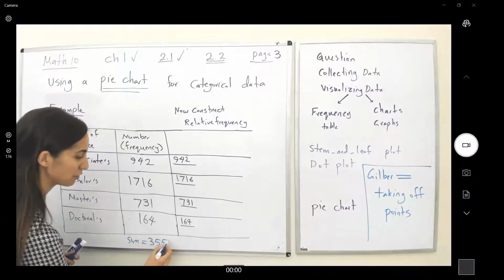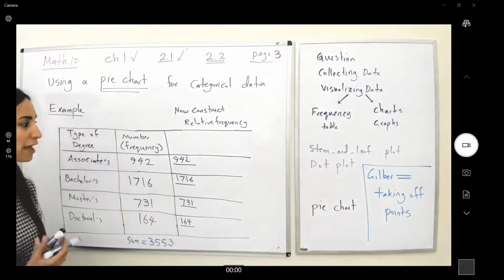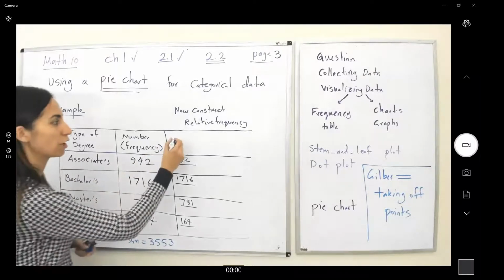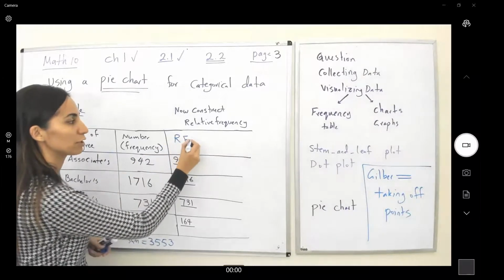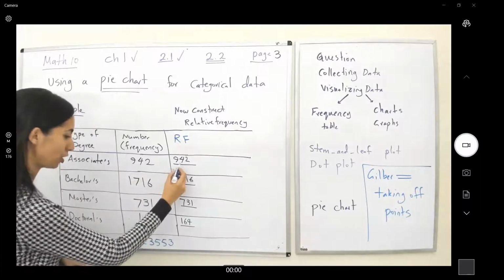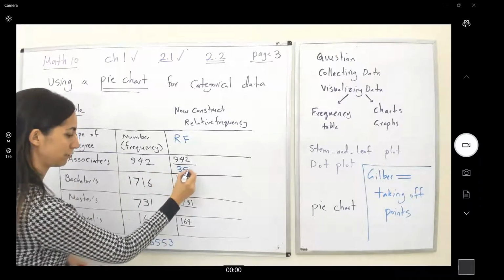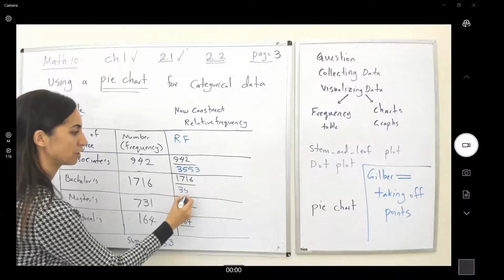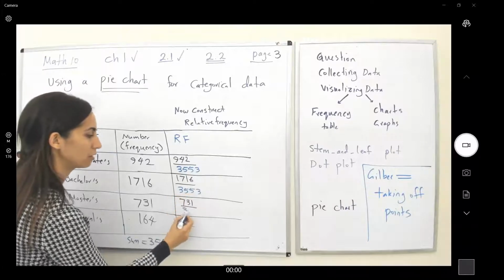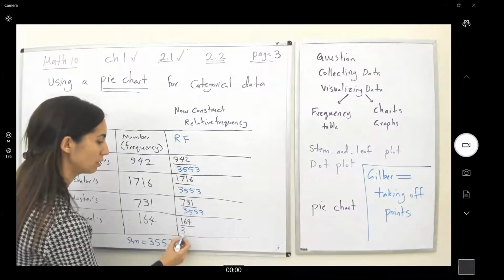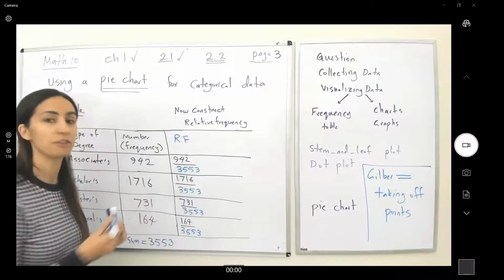Excellent. Thank you very much. So we are forming relative frequency. We have to divide each of these by 3,553.